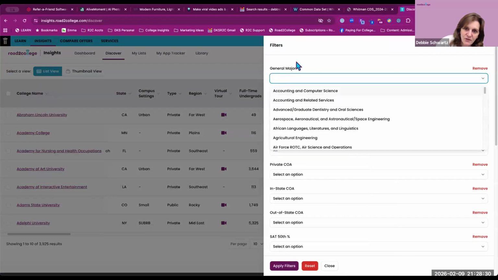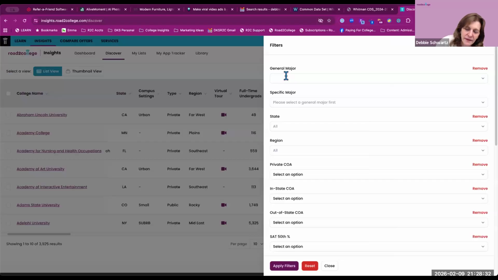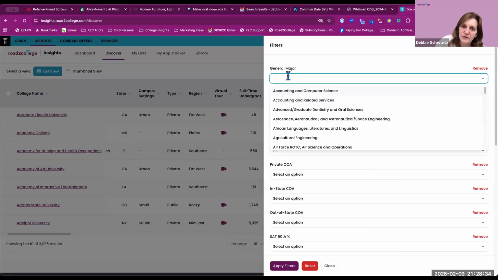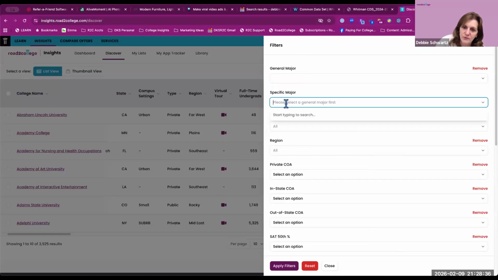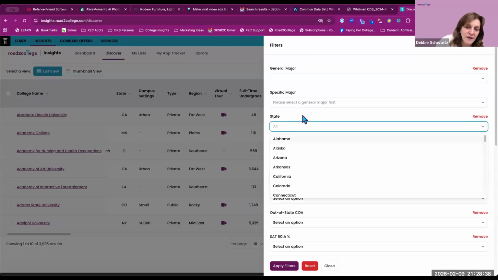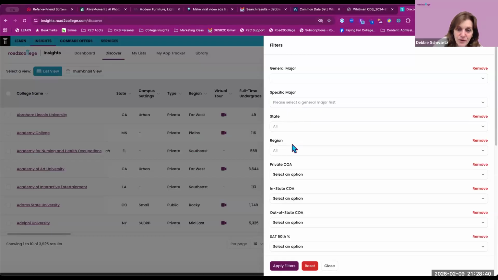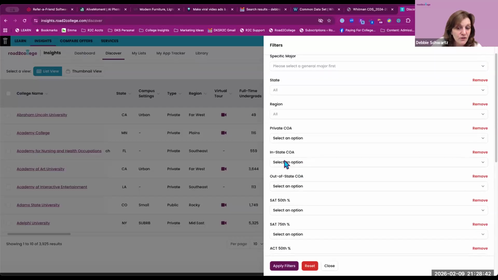You can filter by majors. There's general categories of majors, and then within the general, there's specific categories. You can filter by states or regions that you're interested in. You can actually filter by cost of attendance. Maybe you want to look at all the colleges without any merit aid or need-based aid that cost $50,000 or below.